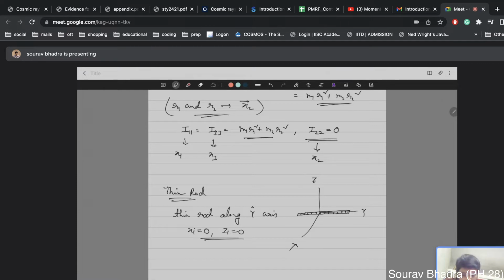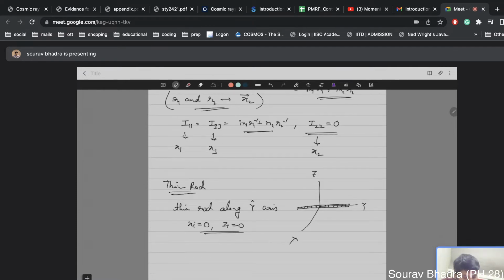So you can write your Ixx as the sum over i of mi times delta xx is 1, that means r square for the ith particle minus x for the ith particle times x coordinate for the ith particle.